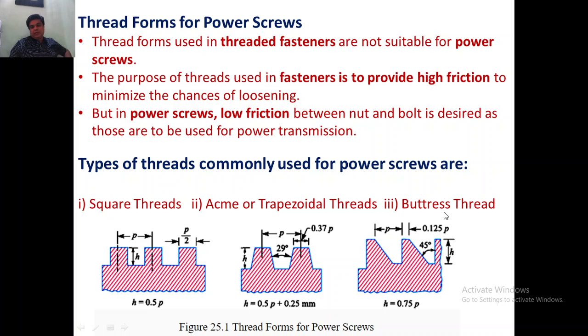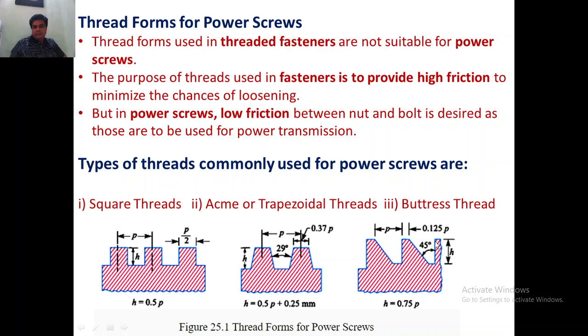We have one more thread form, the buttress thread, and you can see the profile of the thread in this manner. It is again a modification. The thread face is inclined in the case of acme, and in the case of the square thread it is perpendicular. Here you can see both are combined.